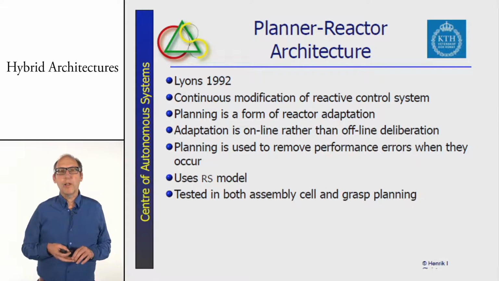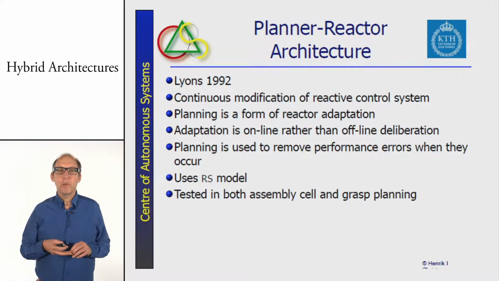So another example is the Planner-Reactor Architecture. Here you see that you have a tight coupling between the planner and the reactor. Every time adaptation is performed, and directly when you see some performance drop, the planner starts tuning the different parameters, which means that it is directly adapting to the circumstances.